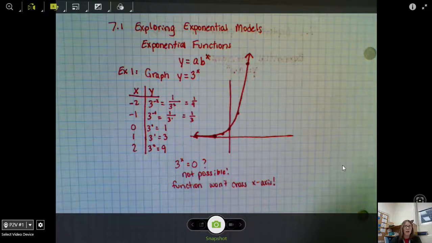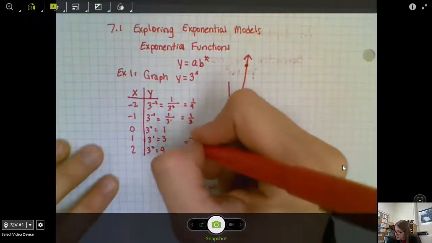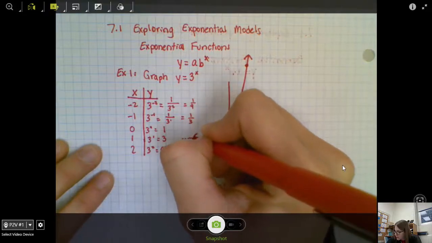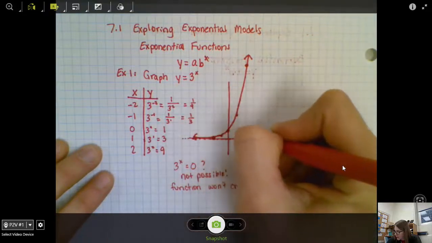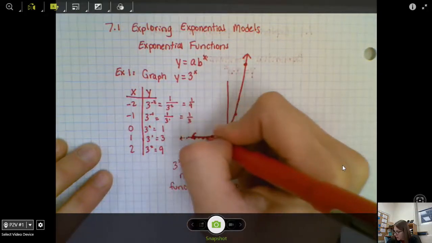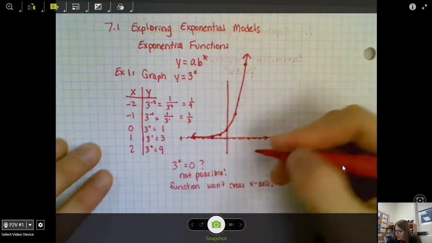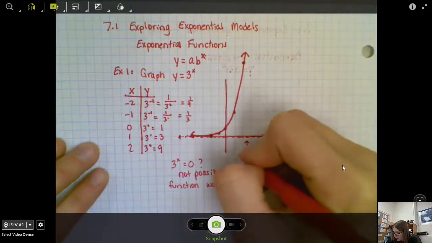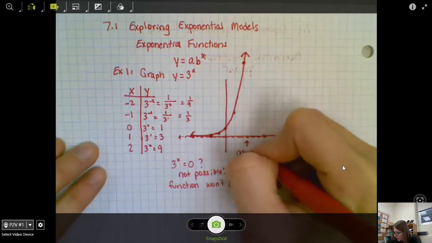Since we never actually cross the x-axis, since we never actually cross this line, we have an asymptote. That's probably a new word for you, asymptote.